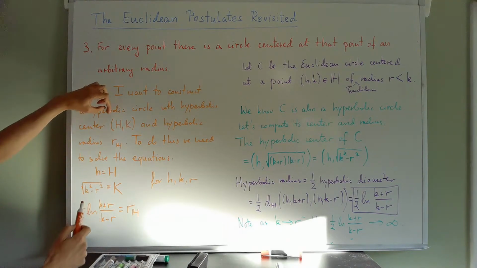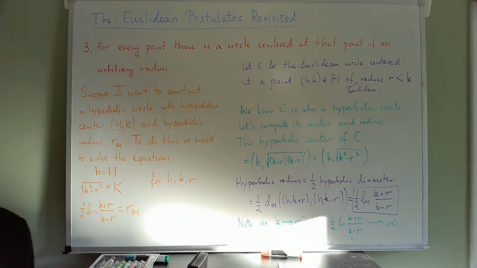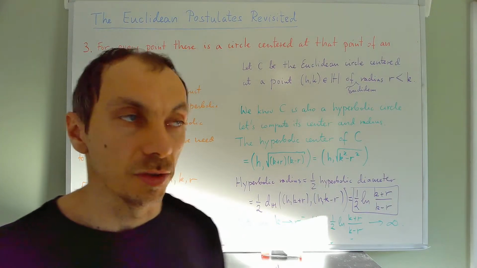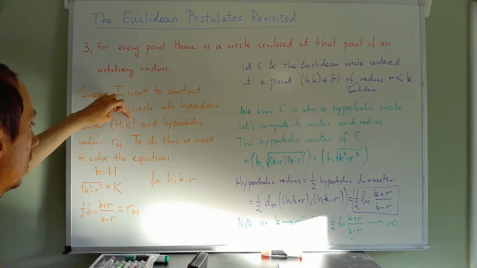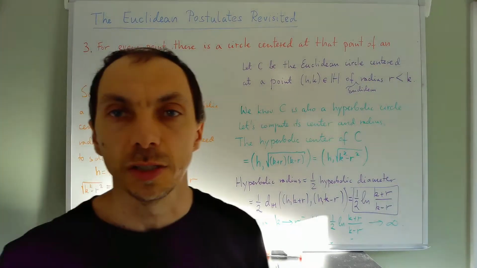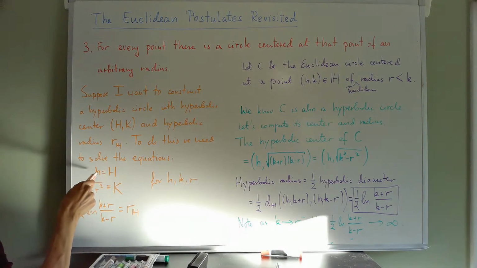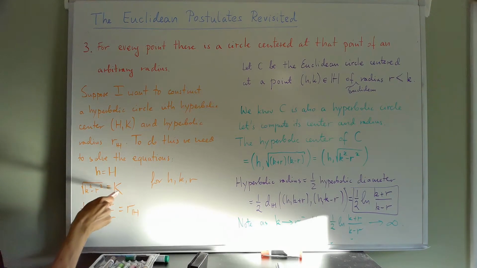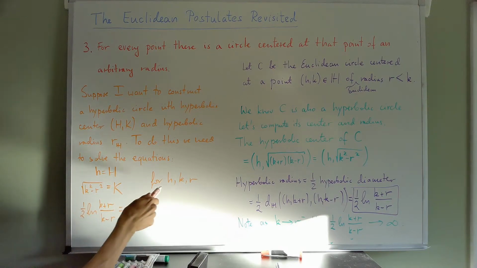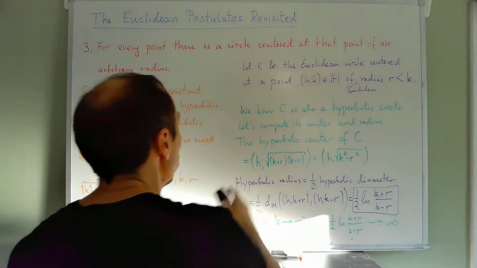What will that give us? Suppose you give yourself (H, K) and some hyperbolic radius. Say, I don't know, H is 5, K is 7, and you want the hyperbolic radius to be 15. So you set up these equations: h is equal to 5, this one is equal to 7, and this thing is equal to 15. So three equations with three unknowns, little h, little k, little r.